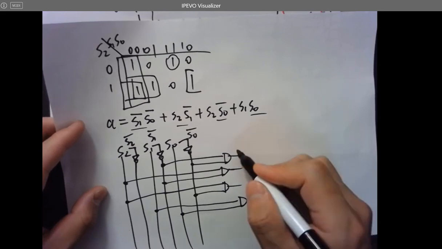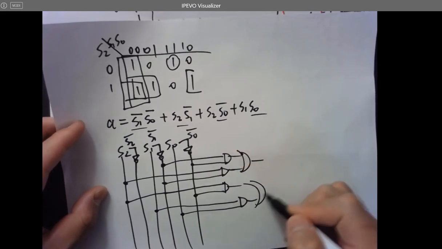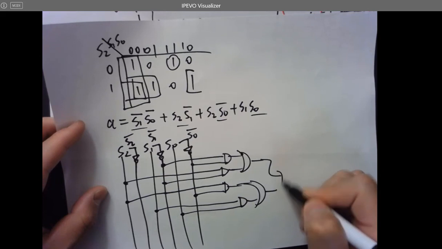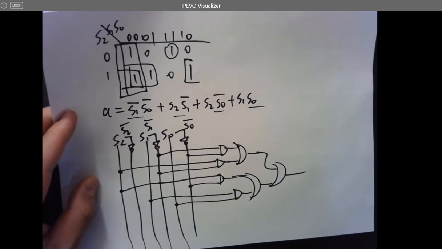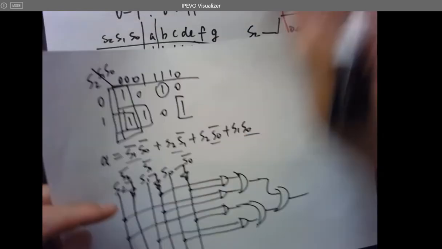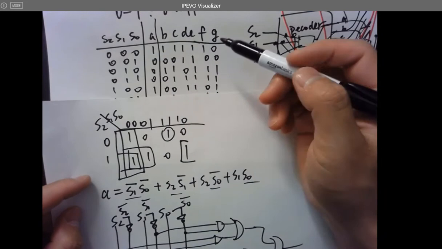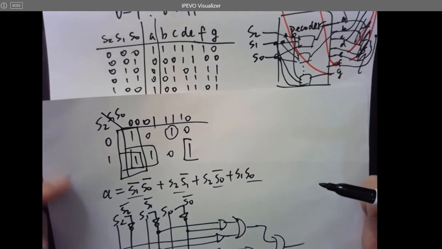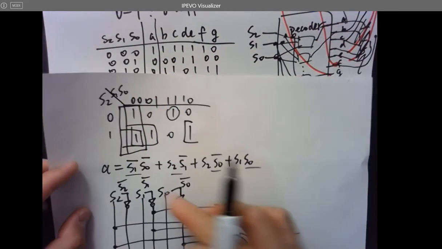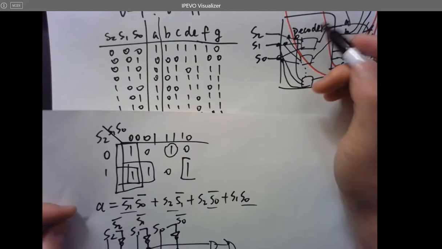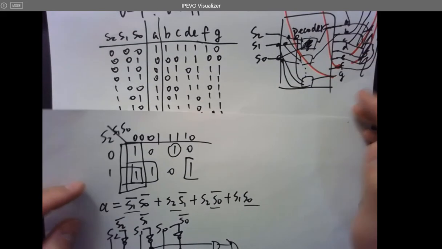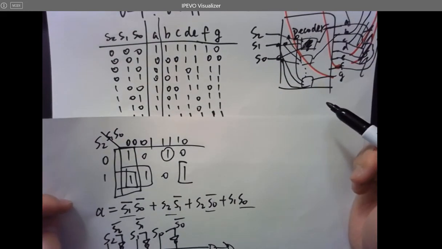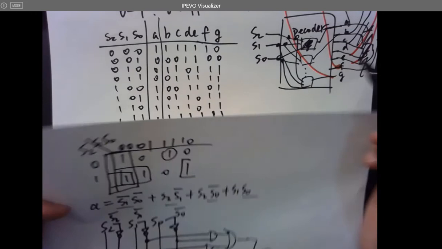And then OR them together. Okay, so that's the final circuit for A, right? Just do the same thing for B, C, D, E, F, G for all of them. So that's a circuit, and you fit this part into here, right? So that's a part of the circuit of the decoder. That's how you do it.